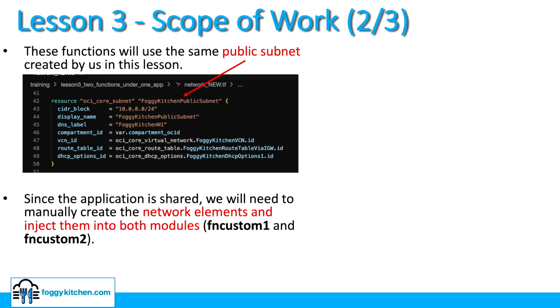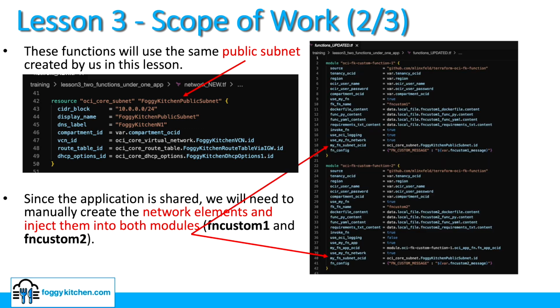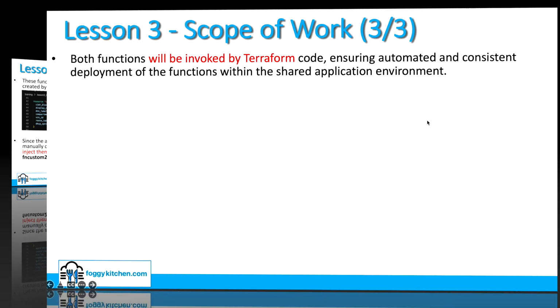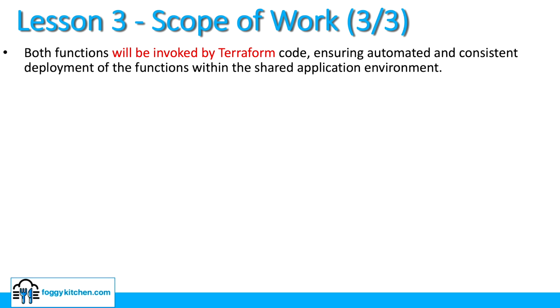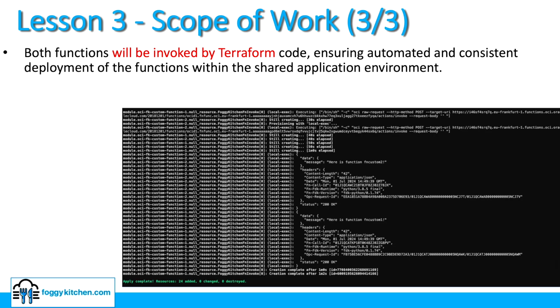Since the application is shared, we will need to manually create the network elements and inject them into both module invocations for fn custom1 and fn custom2. Both functions will be invoked by Terraform code, ensuring automated and consistent deployment of the functions within the shared application environment.